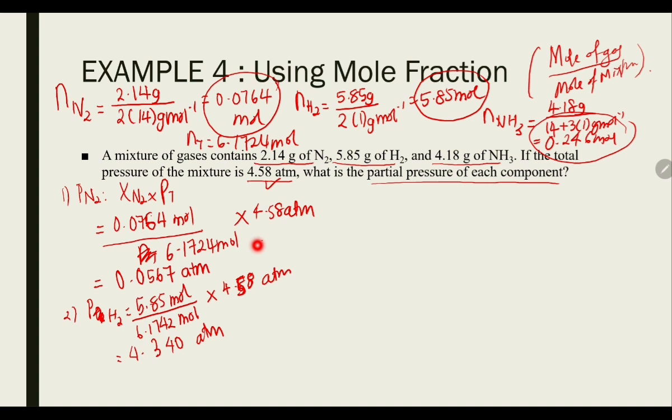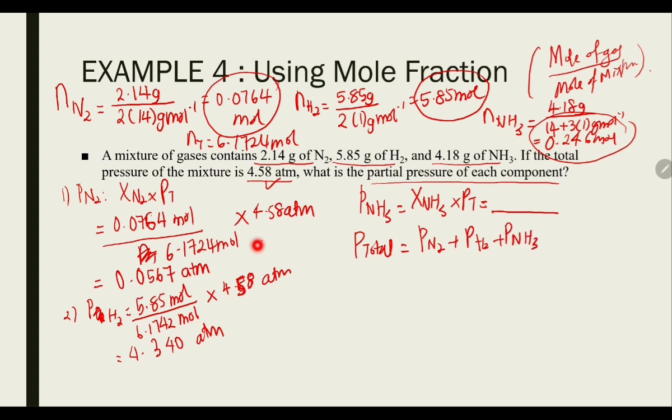You can do the same step for ammonia. You can use P NH3 equals X NH3 times P total to get the partial pressure of ammonia. Or simply, using the concept of Dalton's law, P total equals P N2 plus P H2 plus P NH3. We already have the total pressure, which is 4.58 atm, nitrogen gas to be 0.0567 atm, and hydrogen is 4.340 atm.